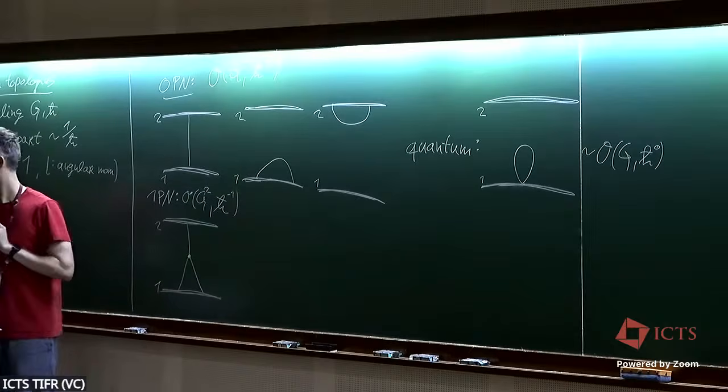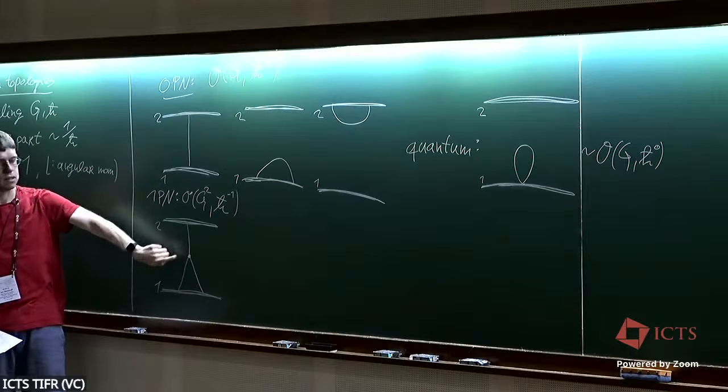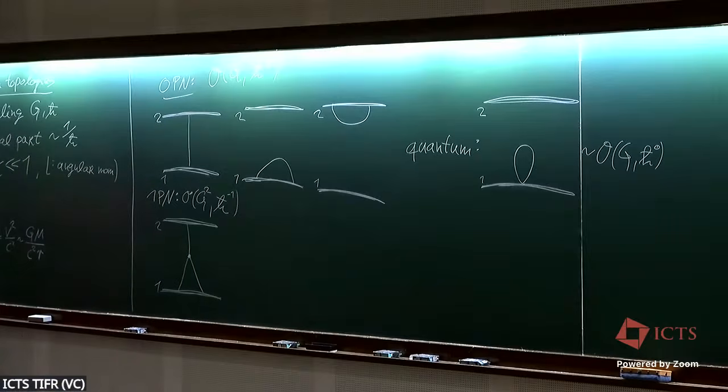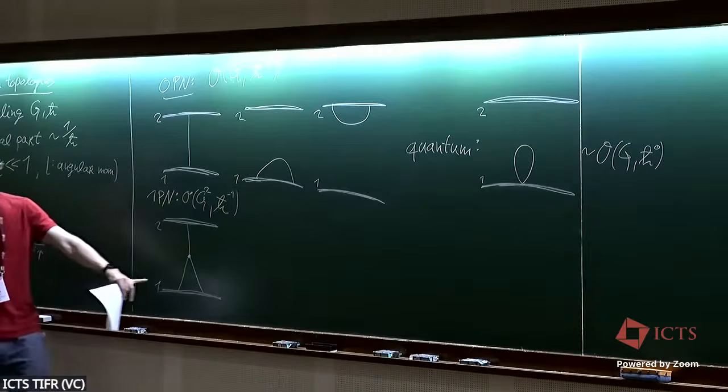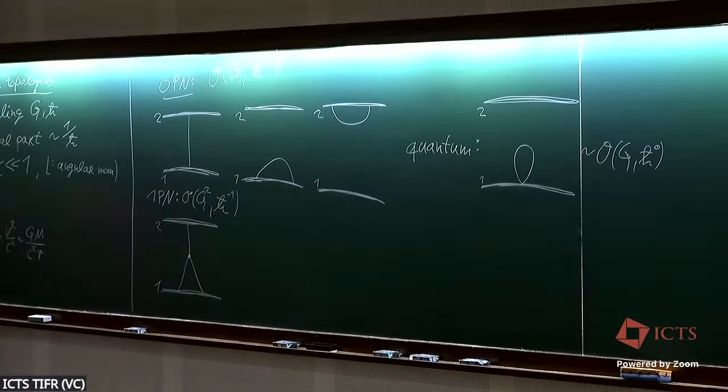So let's check if this works. This was scaling fine. Now we add a vertex here with 3 legs. This gives us h bar times g to the power of 3/2. But we are also adding another world line vertex down here, which is a 1 over h bar.